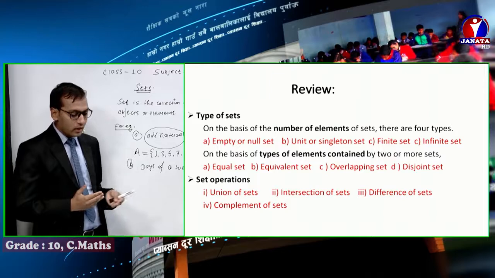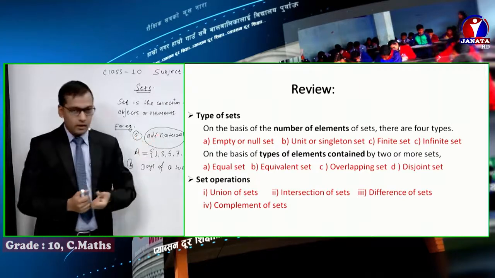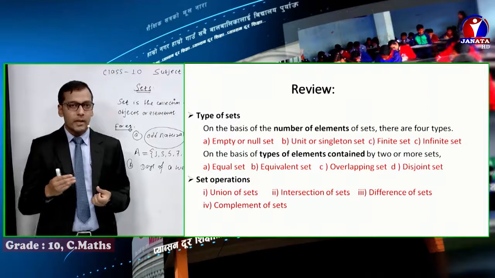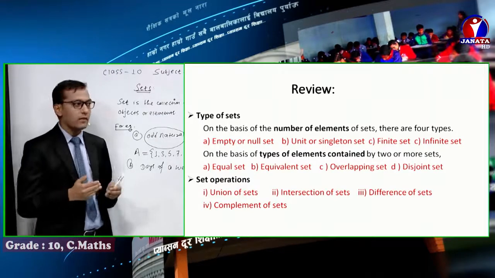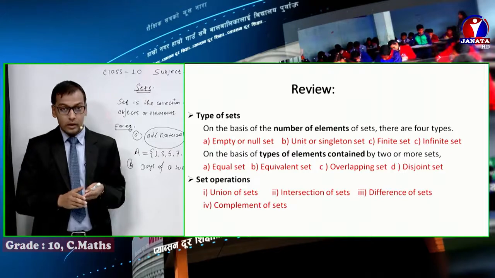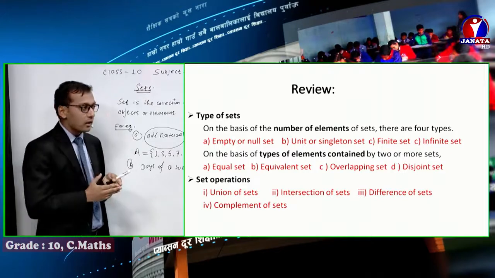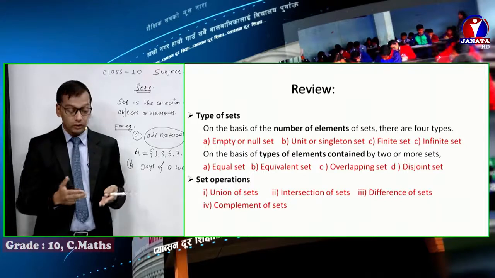Let me begin with types of sets. I am not writing on the board, because these are basic topics which we have already learned in grade 7, 8 and 9. So let me not take long on this. I am just going to read out what is displayed in the slide.